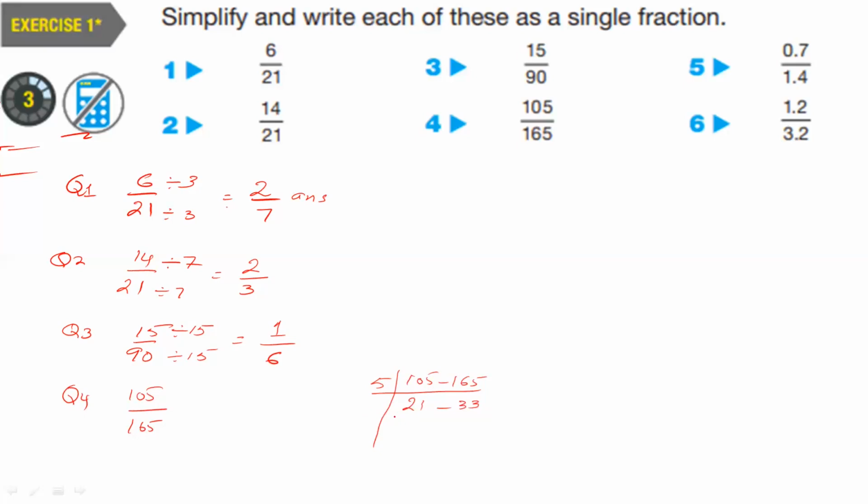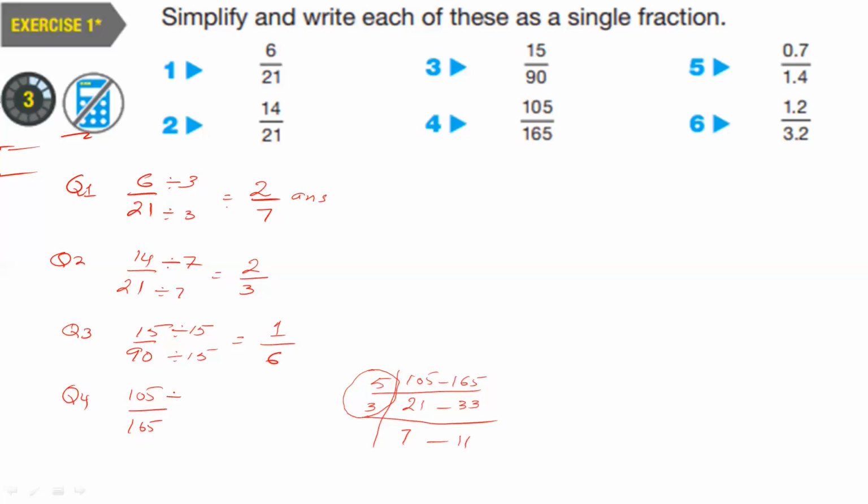Now we have a number which divides both. Do we have a number? Think. In my opinion, these two numbers can be divided by 3. So 3 times 7 is 21 and 3 times 11 is 33. Now we multiply these two numbers, 5 and 3, and we get the highest common factor, which becomes 15.